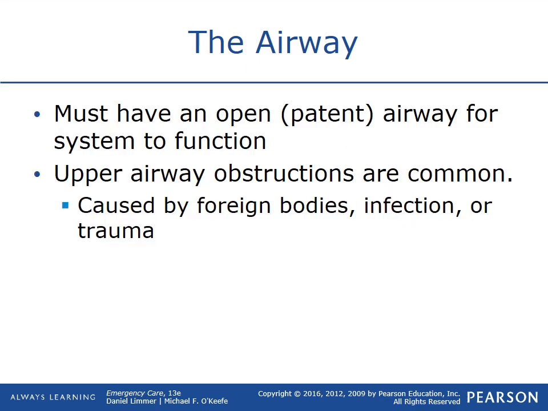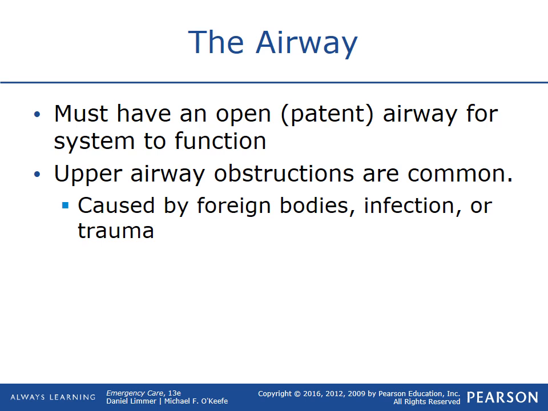The airway. When we talk about airway all through class, I want you to think the airway is the structures, the tubes that bring air from the outside atmosphere down to alveoli. That means all of those structures need to be able for air to pass.